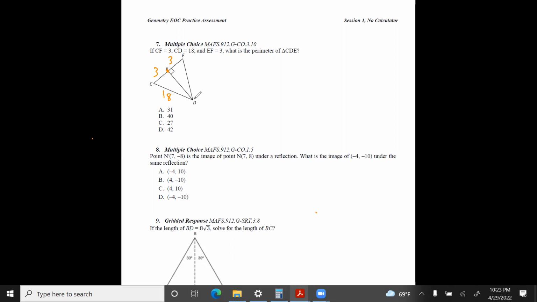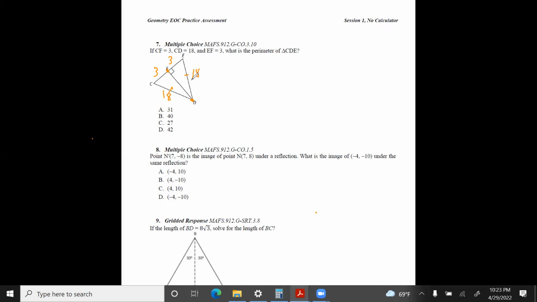The perpendicular bisector is also going to the vertex on the opposite side, which means the only way for that to happen is if this is an isosceles triangle. So if this side's 18, this side must also be 18.